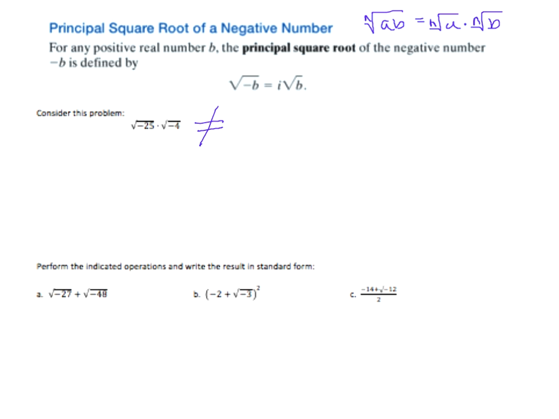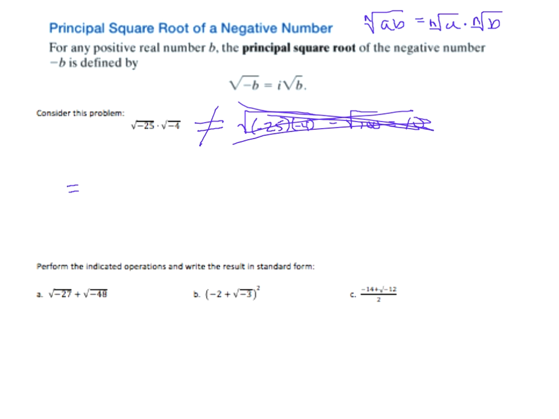When you have the negative, you've got to pull it off. So in other words, this would not be the square root of negative 25 times negative 4, which would give us the square root of 100, which is 10. That is not correct. I have to pull the negative out of there. I can't work with it.